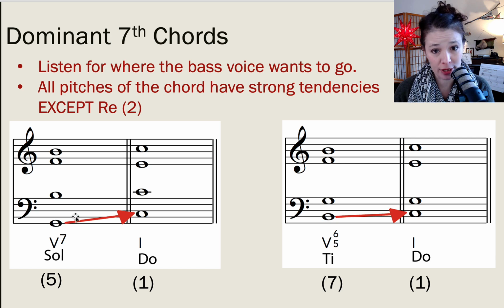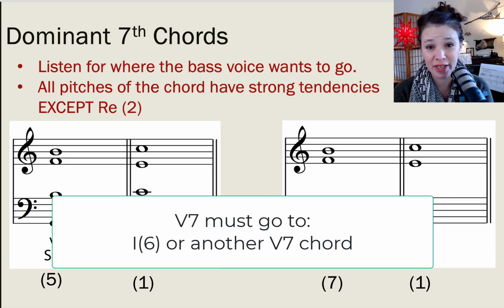There's a little law in tonic expansion: a 5-7 has to go to a 1 chord, or it can go to another 5-7 chord in a different inversion. So if you hear it going from a 5-7 to 1, that's where these rules come into play.